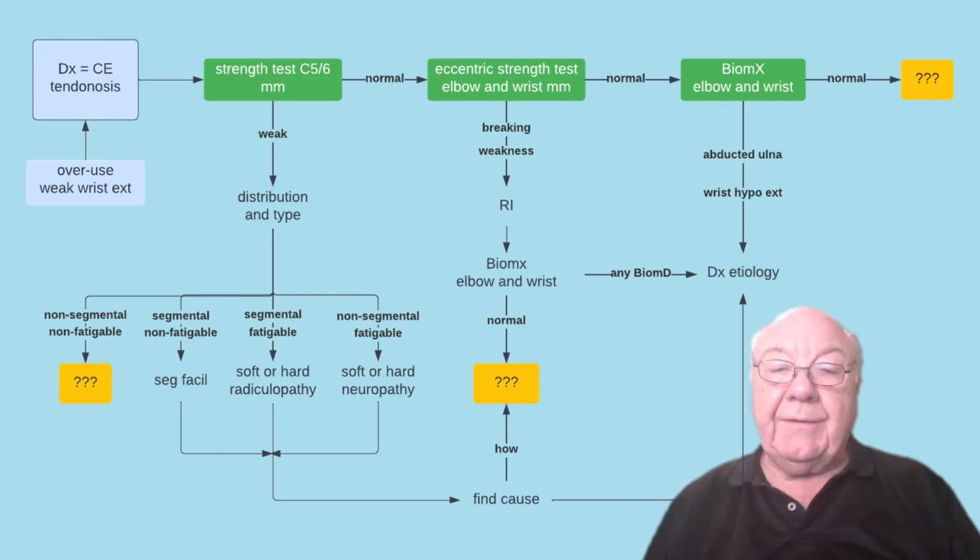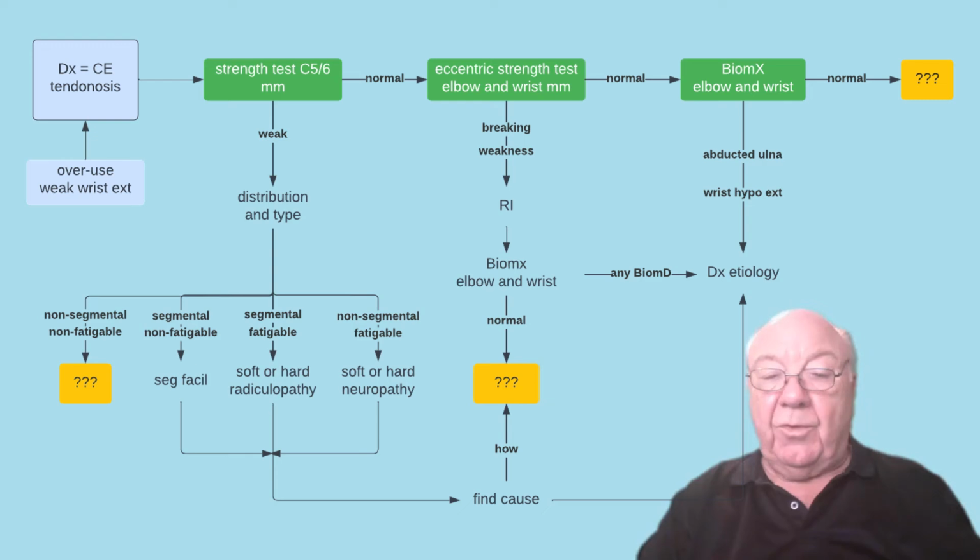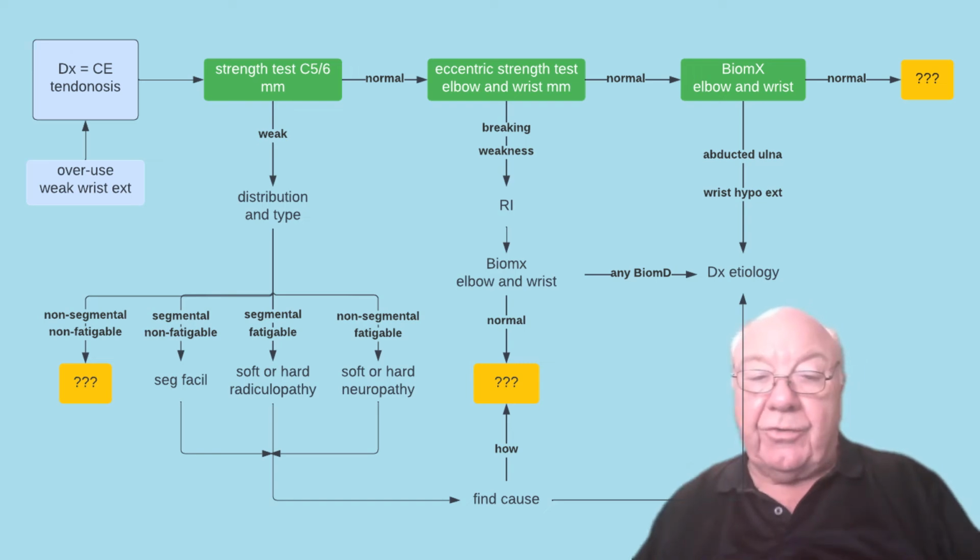If they're weak, you look for the distribution of type. So this could be segmental non-fatigable, which would suggest segmental facilitation. Segmental and fatigable, suggesting a radiculopathy, either a soft radiculopathy in the form of axoplasmic flow problems, or a hard one where there's electrical conduction loss. Or this could be non-segmental and fatigable, which would suggest a neuropathy.